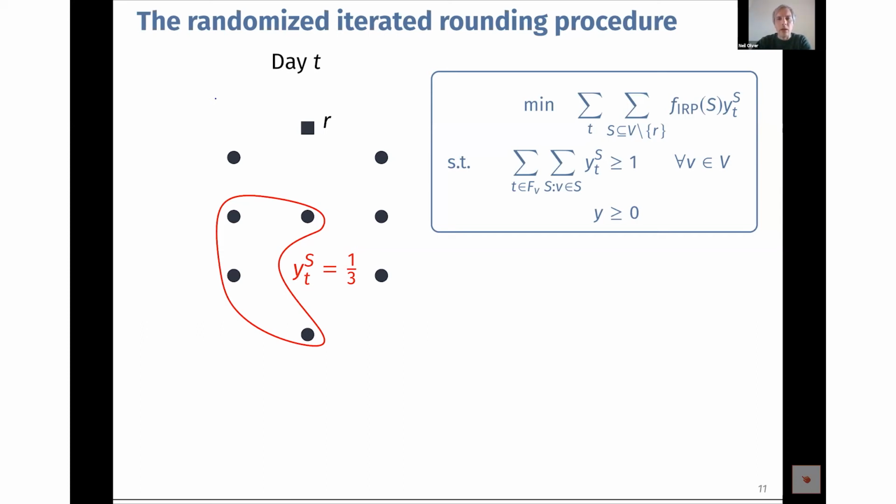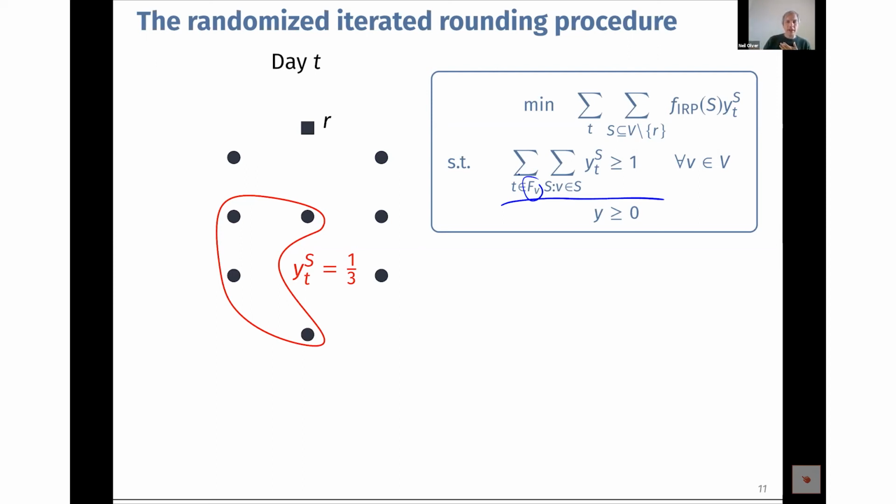Y_ST is saying fractionally that on day t, we're visiting this set S. So if Y_TS was 1, it means we visit exactly the set S on day t. Now we have a fractional solution where every location is covered, meaning if I look at any location and sum up over its time interval, F_E, and sum over all of the sets that contain it, the coverage must be 1. Okay, so we start with the solution to this LP.